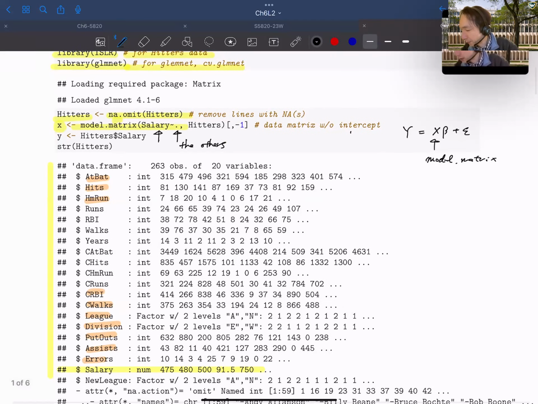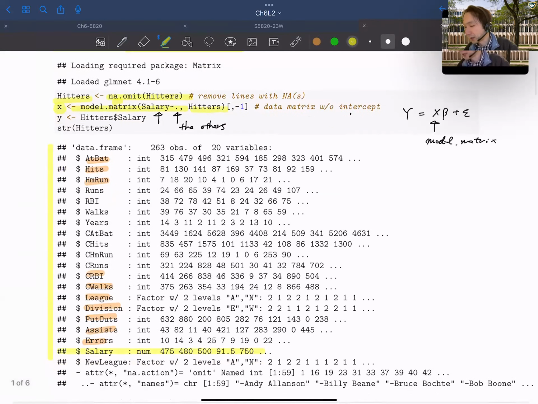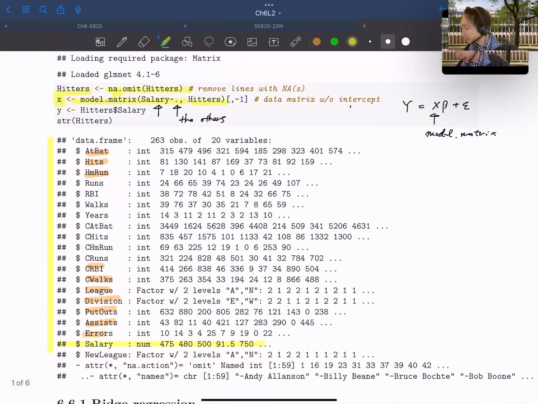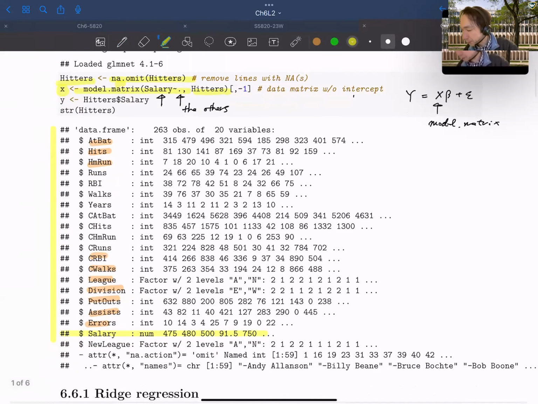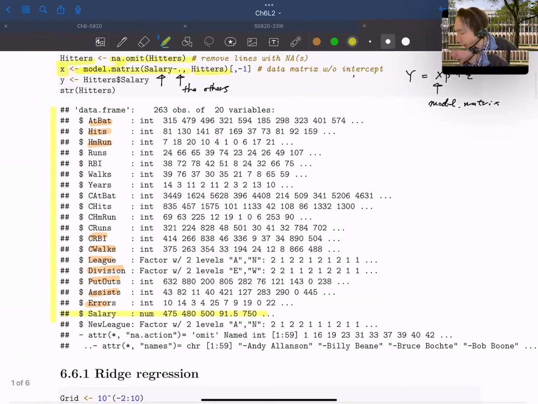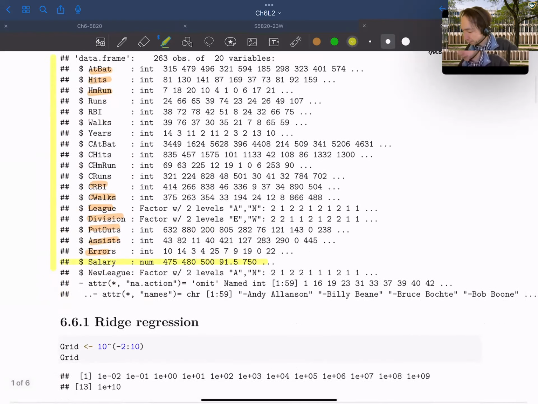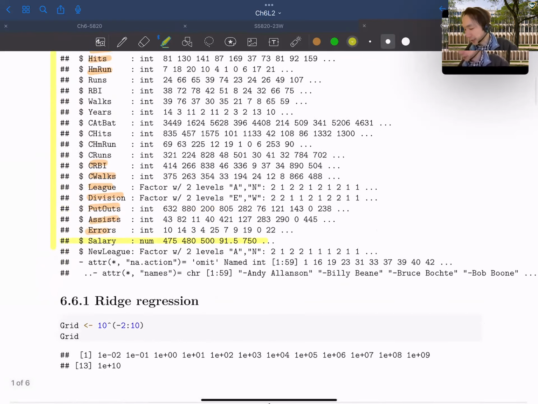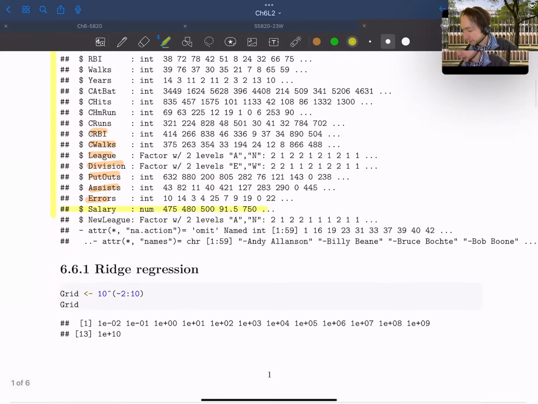We remove salary, but take all the other variables as X. So all remaining 19 variables plus intercept make this model matrix, which is 263 by 20: 20 variables minus salary plus intercept.